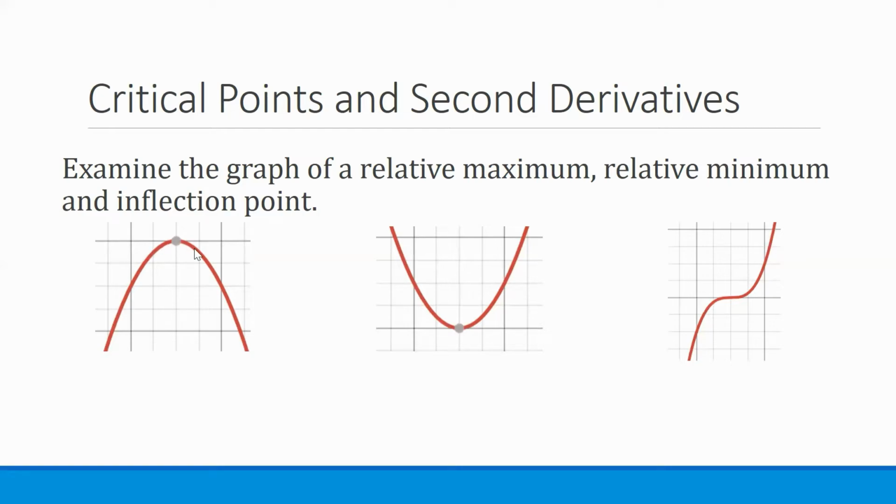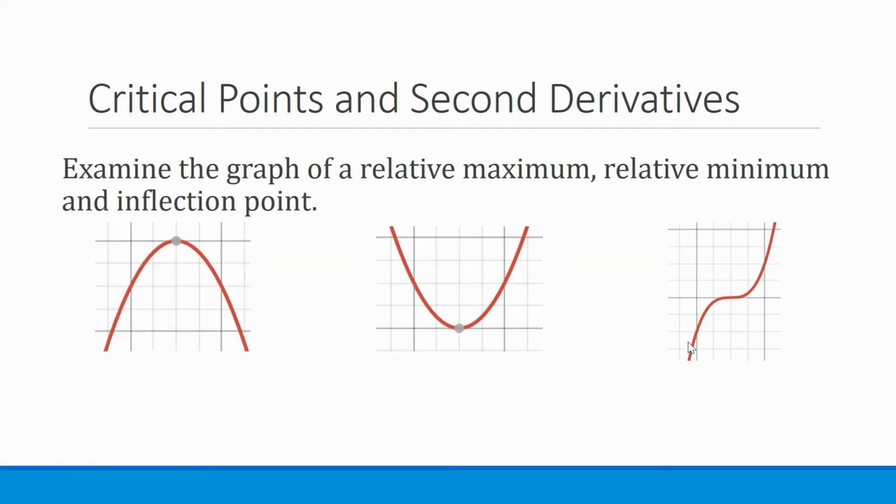So a relative maximum happens at a critical point, and the graph at that critical point is concave down. The exact reverse is at a relative minimum. If we have a relative minimum, then the graph around that relative minimum is concave up. We have this parabolic shape pointed up.